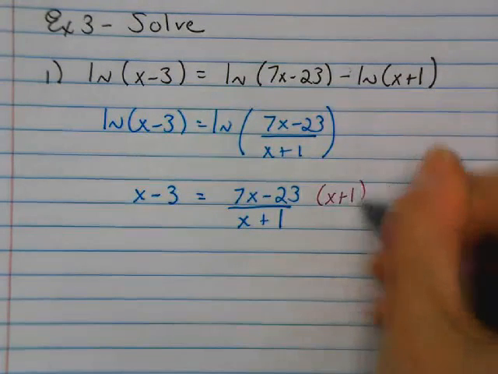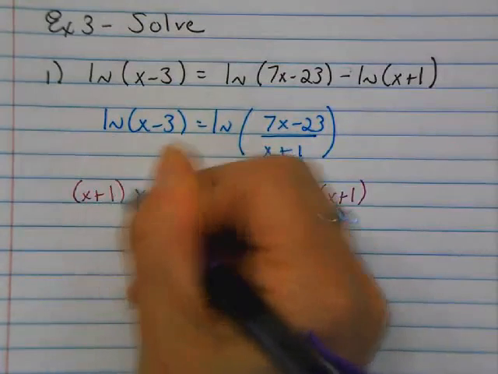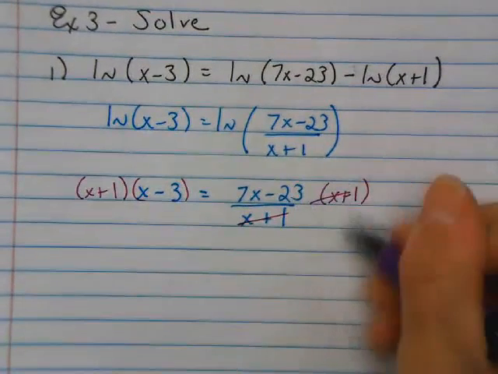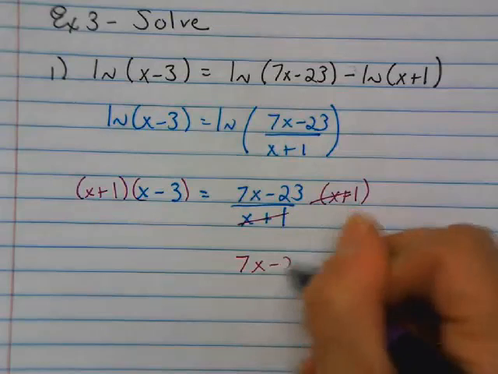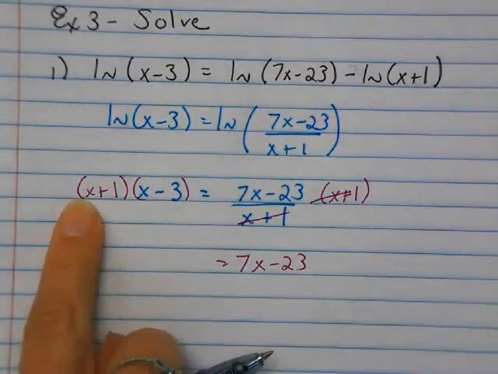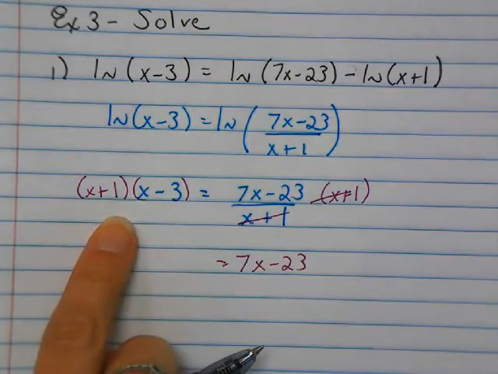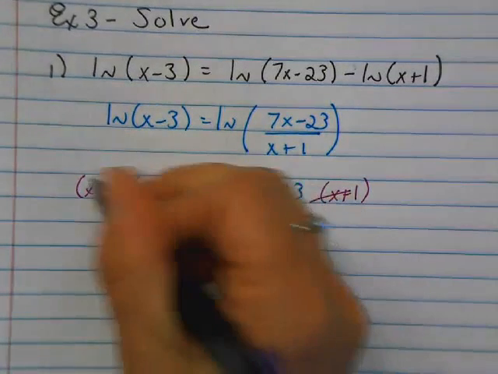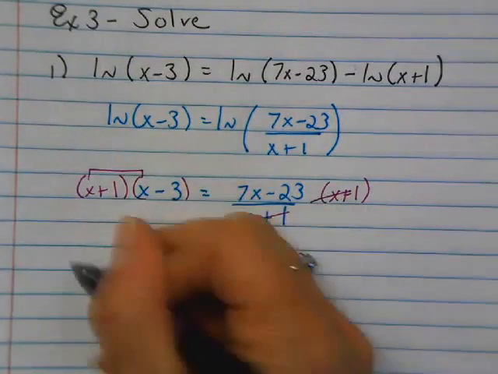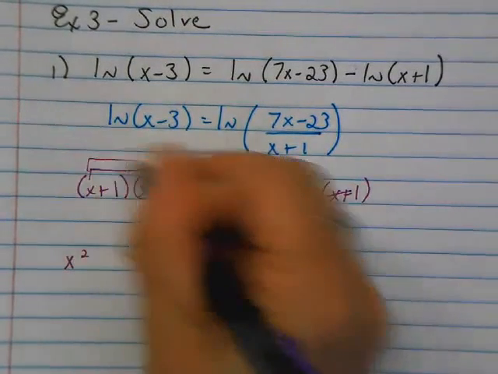What do you need to do over here when you have two binomials? We're going to FOIL them. So x times x is x squared. Outer, negative 3x. Inner, 1x. Last, negative 3.